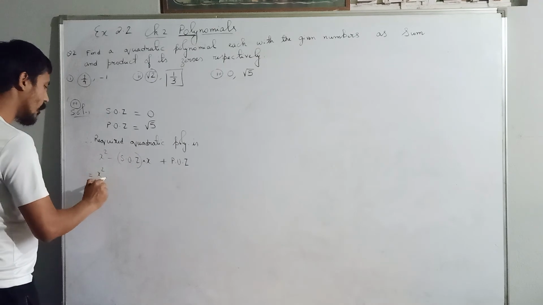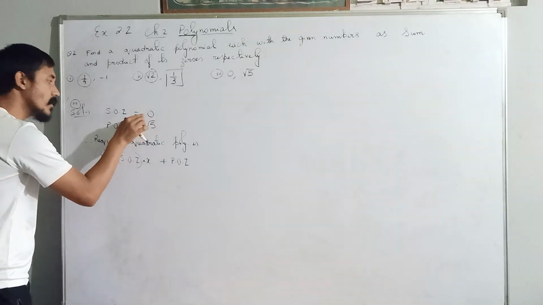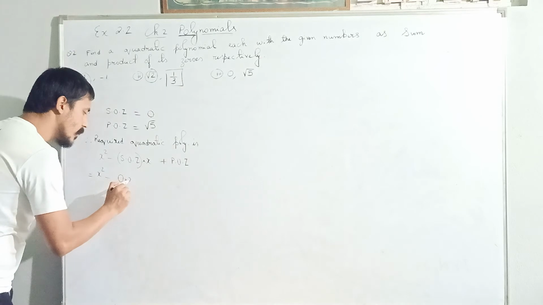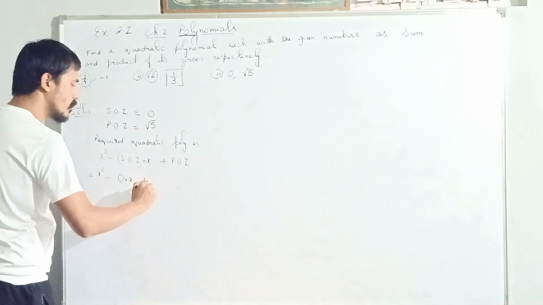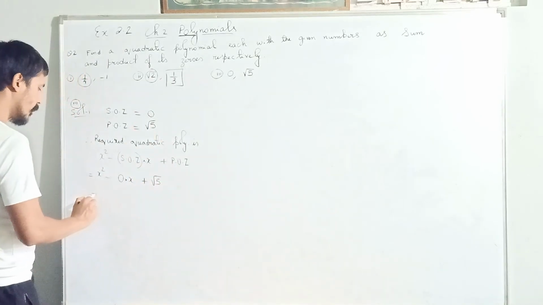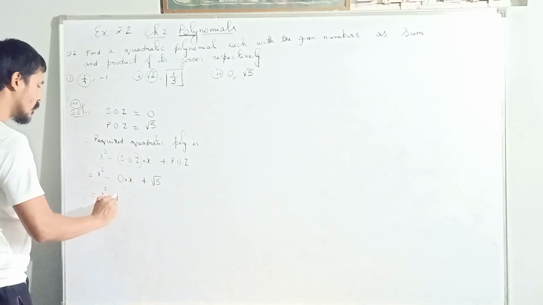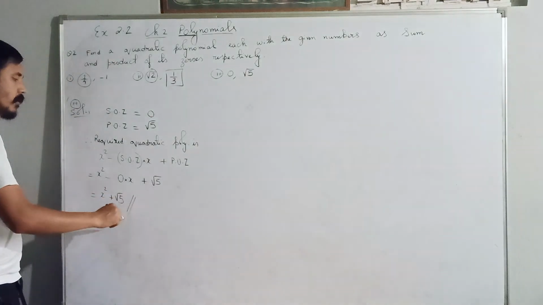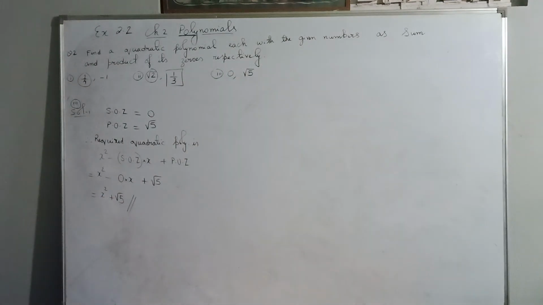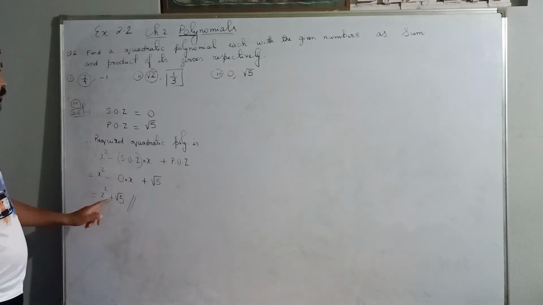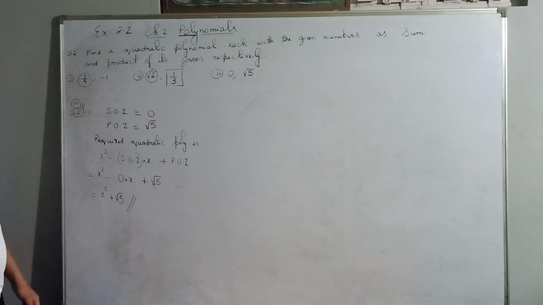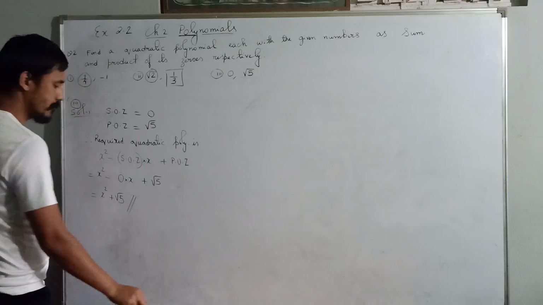So x squared minus 0 times x, and the product of zeros here is square root of 5. So x squared plus square root of 5 is your required quadratic polynomial, because 0 times x is 0. So x squared plus square root of 5 is the required solution.